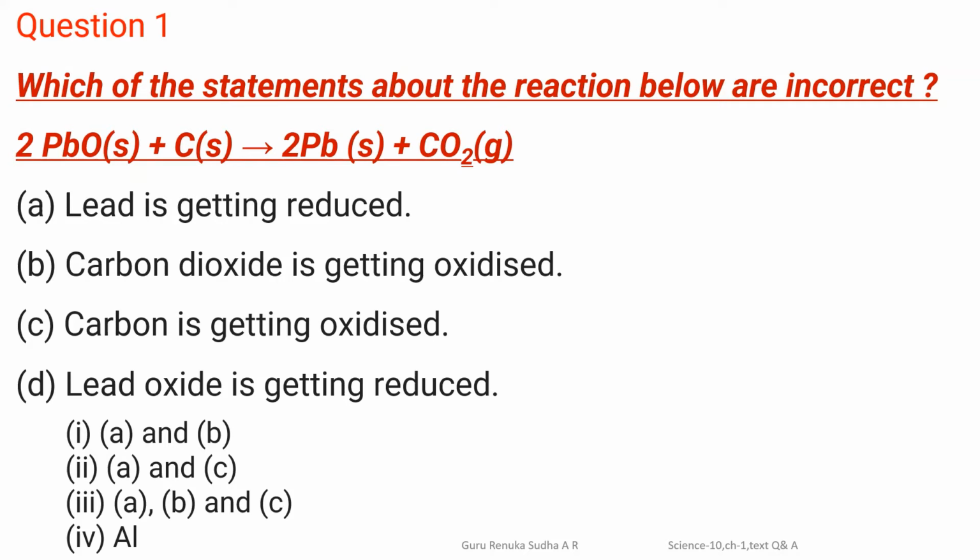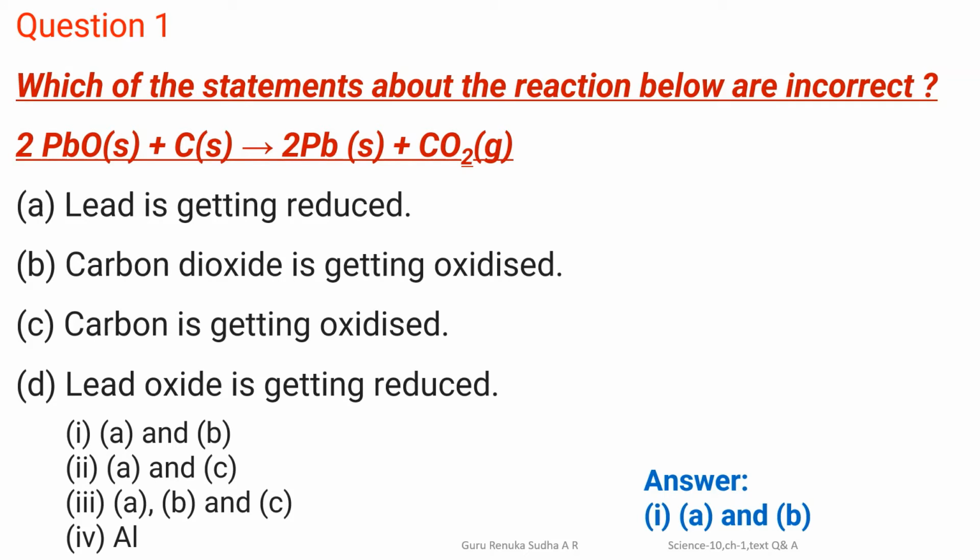So that's why A is an incorrect statement. Next, carbon dioxide is getting oxidized. Yes, that is also incorrect, because carbon dioxide is not at all there on the reactant side. So the answer is option 1. Here A and B are incorrect statements according to the given equation.